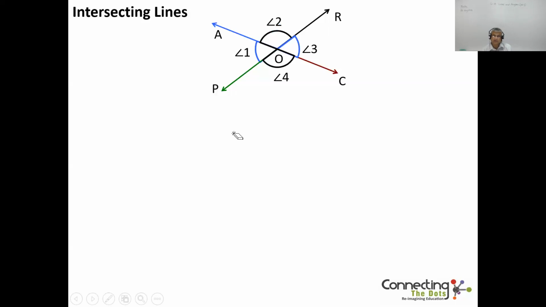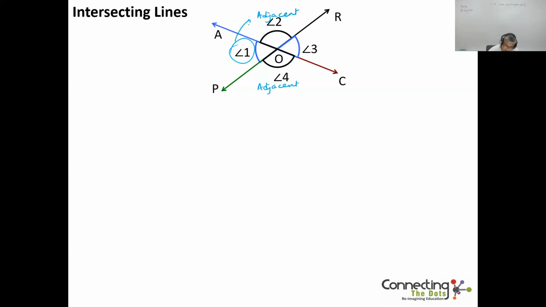How about angle 3? Is it adjacent to 1? No. See, only 2 and 4 are adjacent to 1. So when I say for 1, this is adjacent and this is adjacent. So 2 and 4 are adjacents of 1.